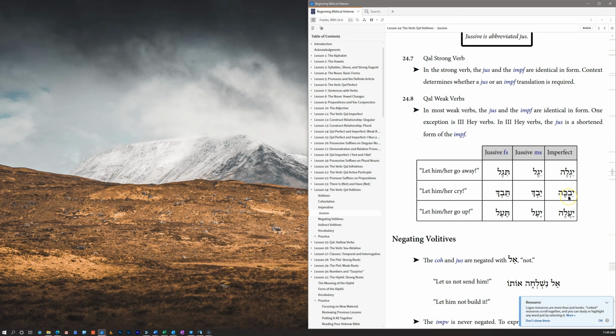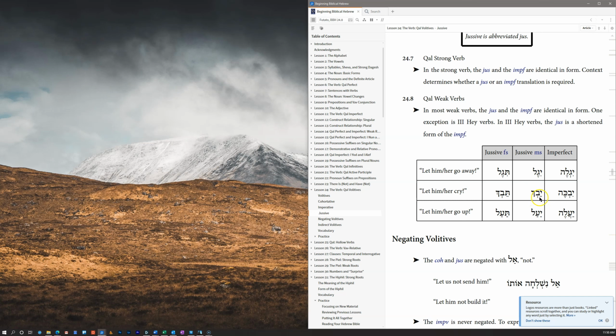In order to do that, it's very important that you notice the difference between the imperfect form, yivkeh, and the jussive form, yevk. It's hard to say even, but yevk. What's happened is the final Hey has dropped off.